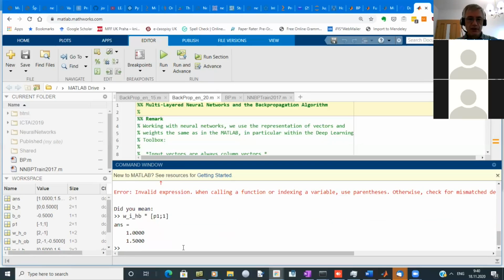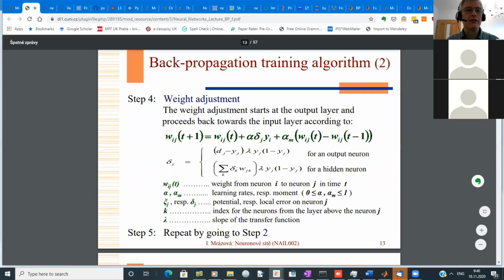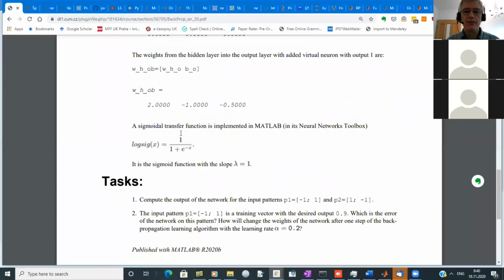The output of the neuron is computed by transforming the potential by the transfer function, and in our case, the transfer function is the sigmoid function. This one.